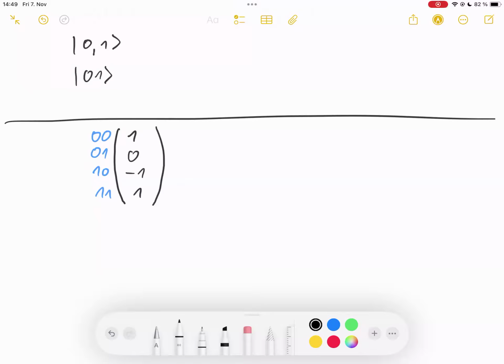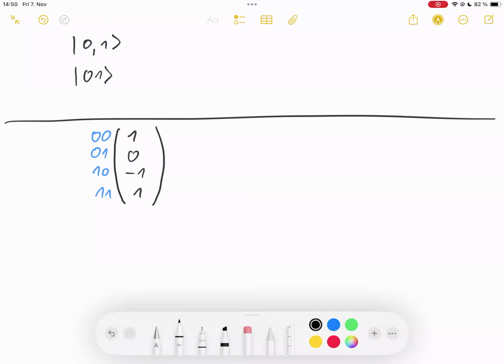Is this a valid state? What do you think? Thumbs up, thumbs down, green sticker, red sticker, if you think this is valid or not. So I see disagreements. It's not valid. I need to normalize.